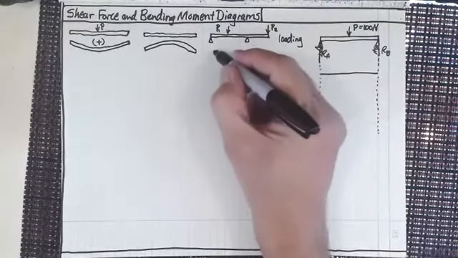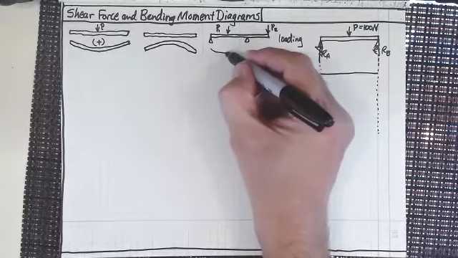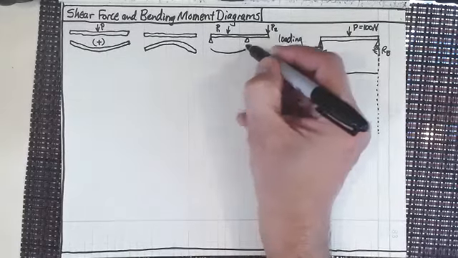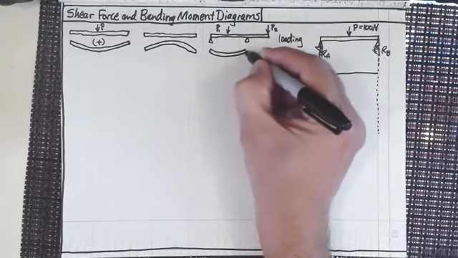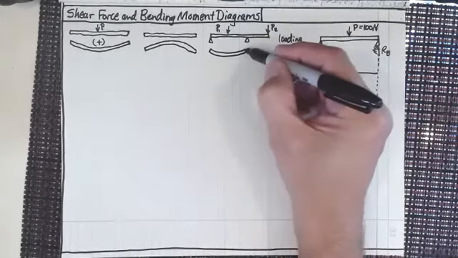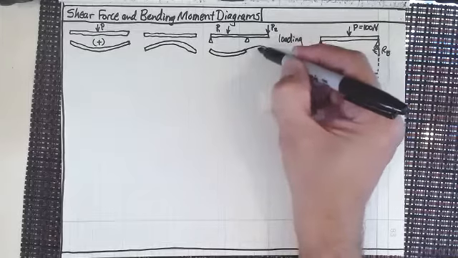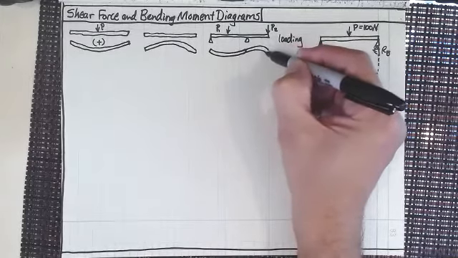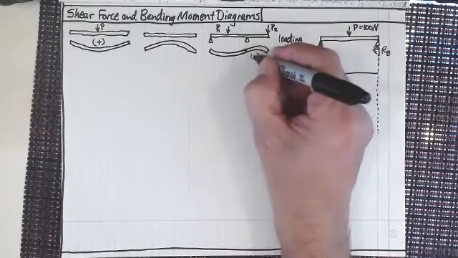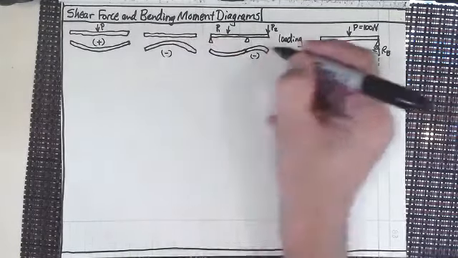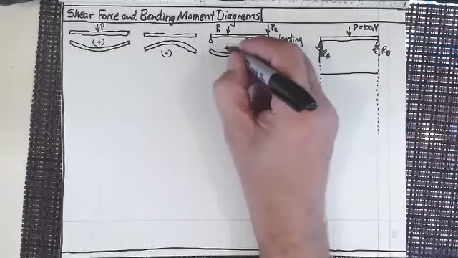Then I think everybody can see that we would have a sagging or positive curvature there, and then a negative curvature there. Does everybody see that? So this would be negative, and this would be positive.